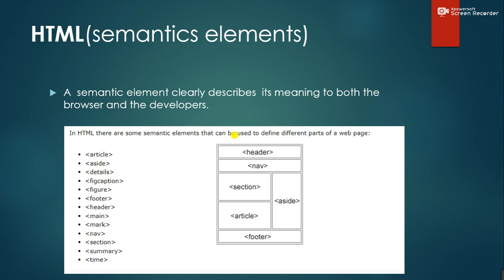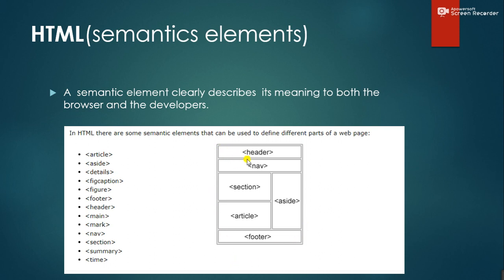There are some semantic elements displayed on your screens: article, aside, details, figcaption, figure, footer, header, main, mark, nav, section, summary, and time. This example shows how we use these semantic elements in a page. Think in your mind that this is your web page.